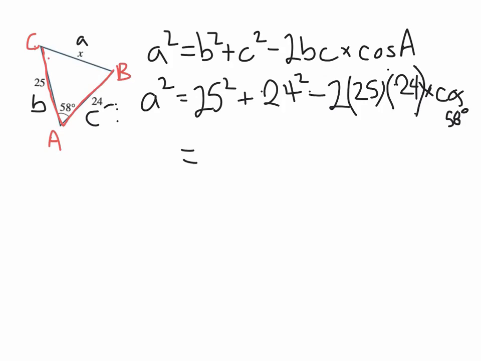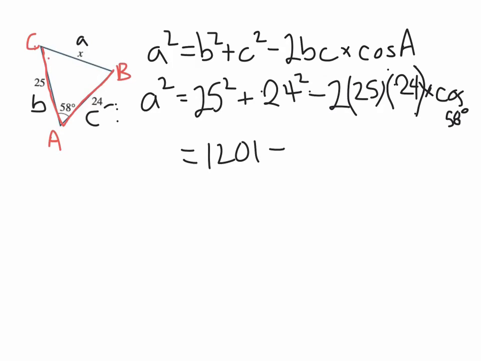Which equals... I like to do this in stages on my calculator, and I will model that just for this one. You can do this all in one shot, but I'm just going to do this really quickly. So first I'll do 25 squared plus 24 squared, which equals 1201.